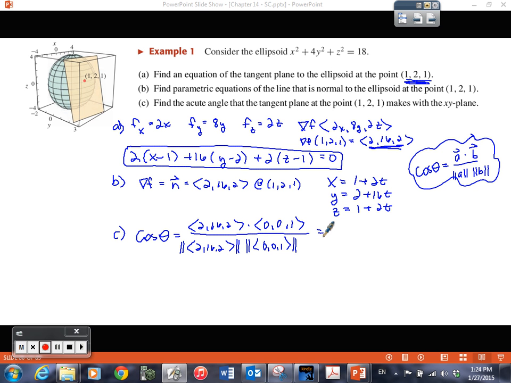So cosine theta equals, we dot these together, 2 times 0, 16 times 0, 1 times 2 is 2, and then the magnitudes, that would be square root of 261 times square root of 1.